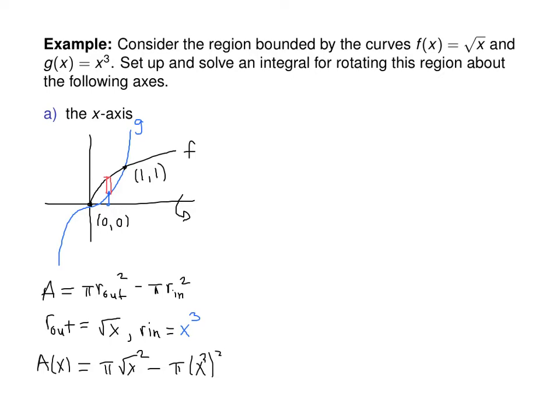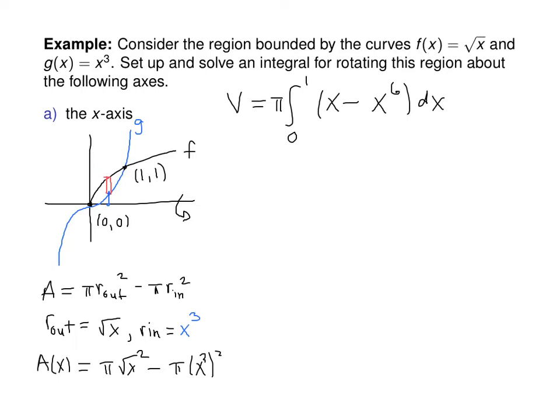To find the volume, I need to add up all my slices, so I integrate from 0 to 1, factor out the pi, and inside my integrand is x minus x to the 6th. You can work out all the details on your own. For these problems, I really care about the setup, since that is the hardest part.